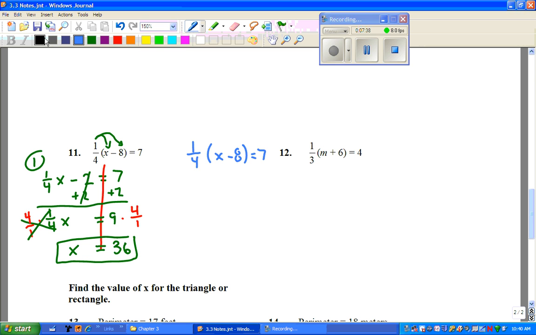So the first step you can do is multiply this side by the reciprocal, which means you're going to multiply this side by the reciprocal. 1/4 and 4 over 1 cancel out, and you're left with x minus 8 equals 7 times 4, which gives me 28. Add 8 here, add 8 on this side, to isolate your variable, x equals 36. You can go ahead and decide which way you want to do that.